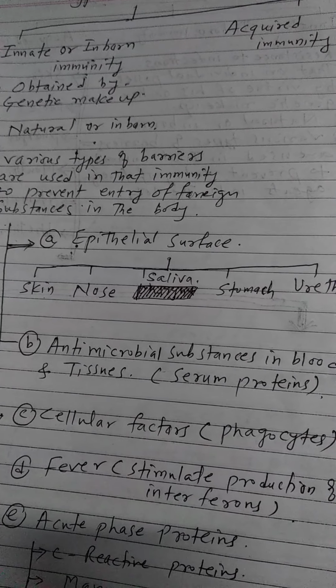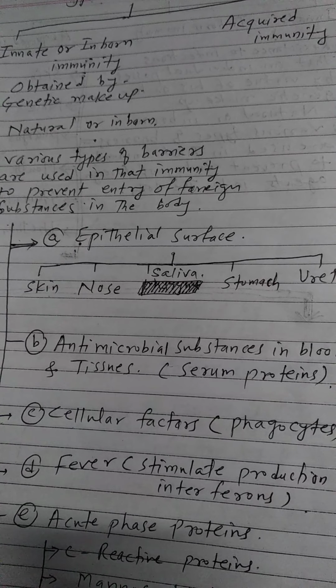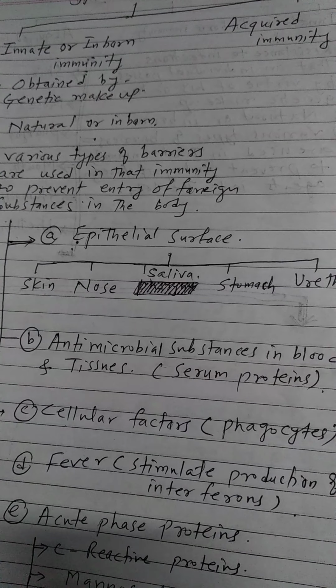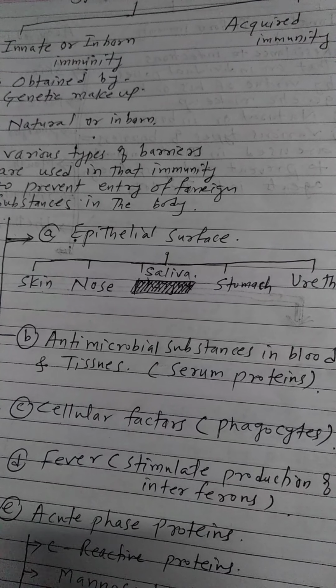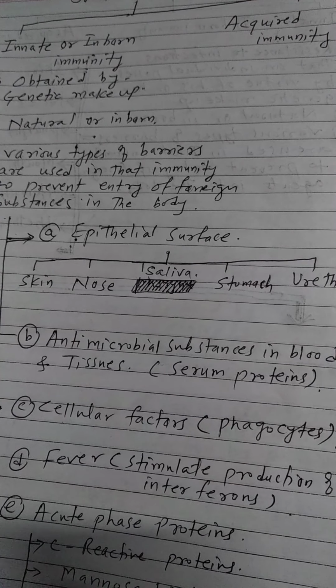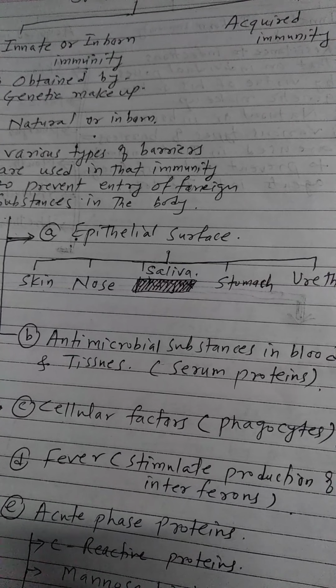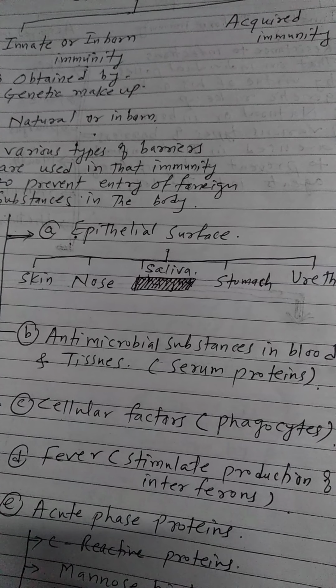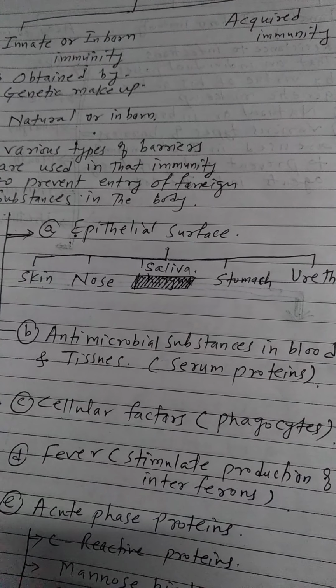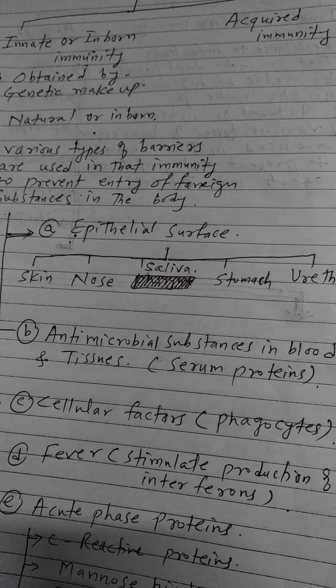Next, cellular factors. In blood, there are WBCs or white blood cells. These WBCs are the part of immune system.